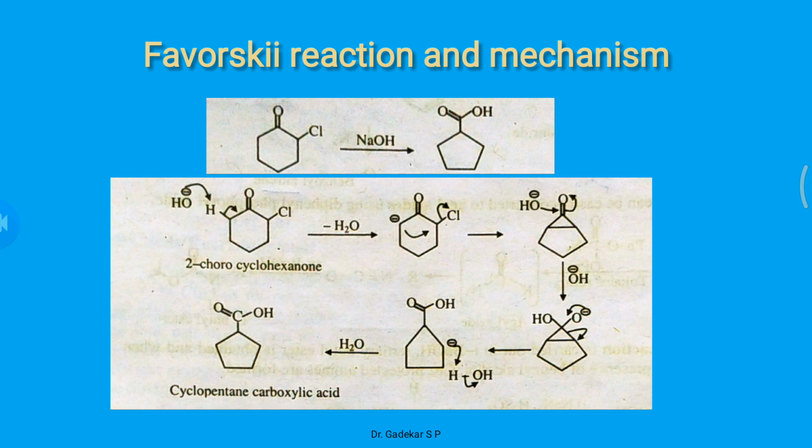Then hydroxy group attacks on this carbonyl to form an intermediate with electronegative oxygen, and then this 3-member ring opens and the charge is delocalized. In the last step this nucleophile is stabilized with a proton and forms cyclopentane carboxylic acid.